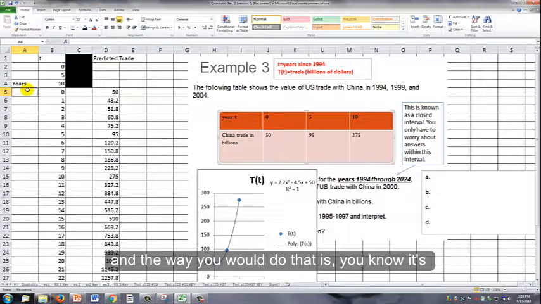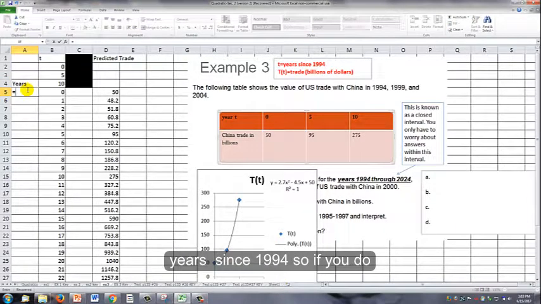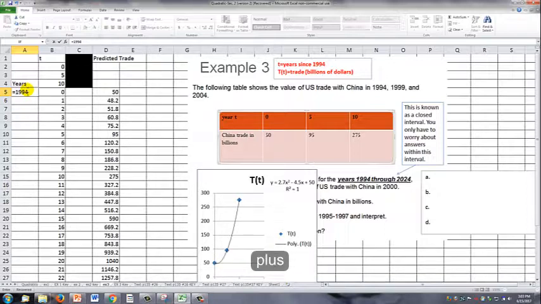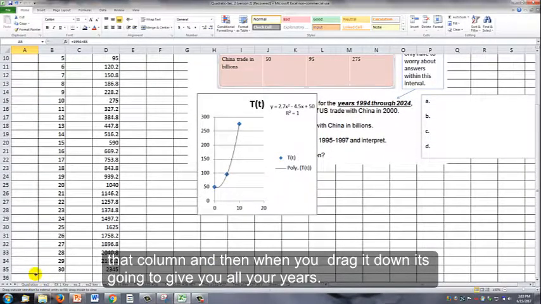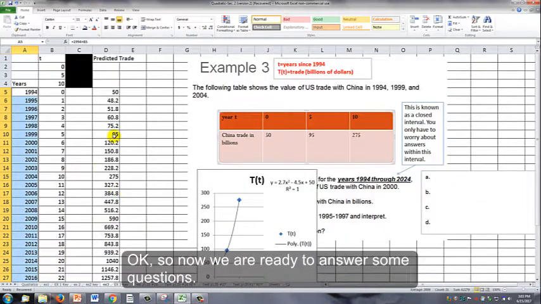The way you would do that is, it's years since 1994, so if you do 1994 plus that column, then when you drag it down, it's going to give you all your years. Okay, all right, so now we're ready to answer some questions.